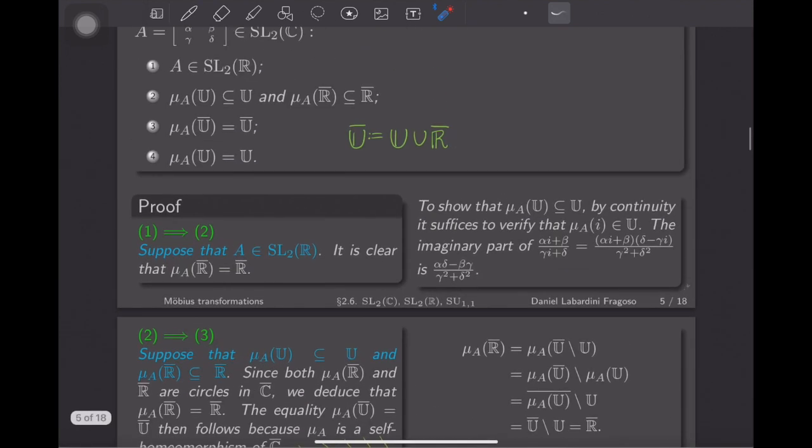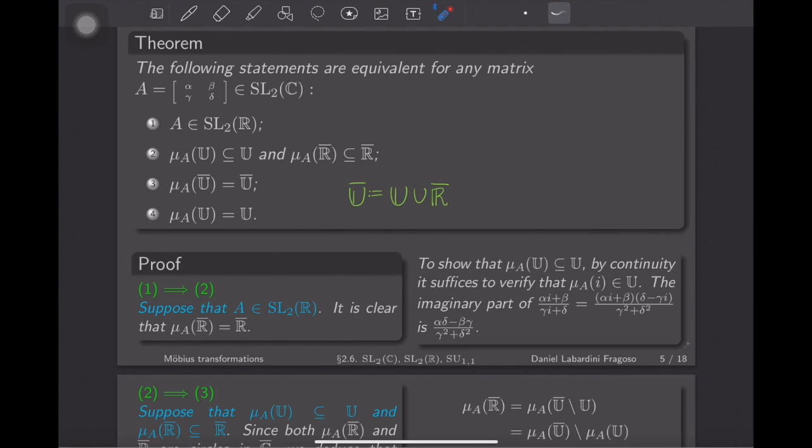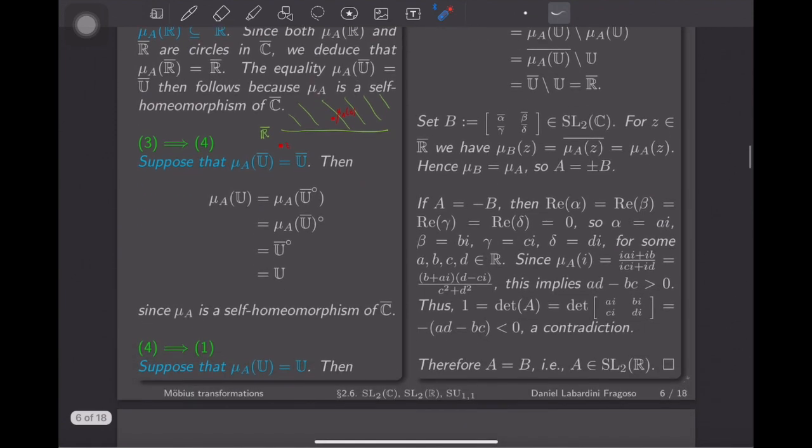And finally, now I know that if A is in SL2R, then U goes to U bijectively, and now I finally want to go back and take a complex 2x2 matrix with determinant 1, which preserves U bijectively, and then I want to show that its entries are actually all real. That's what I want to see.